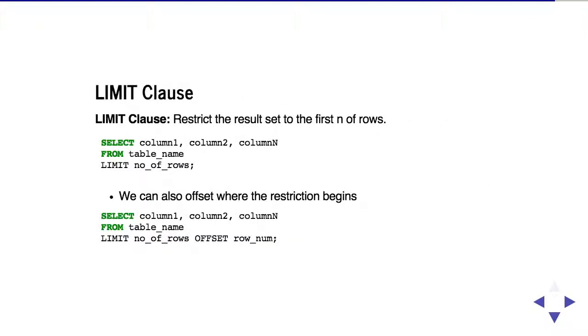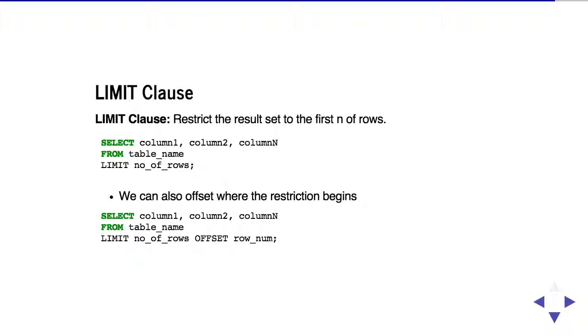And next is the limit clause, where we restrict the result set to the first so many rows. So select the column from table where, as we usually do, and give limit of number of rows. The number of rows should be given as a number. Same thing with row number.